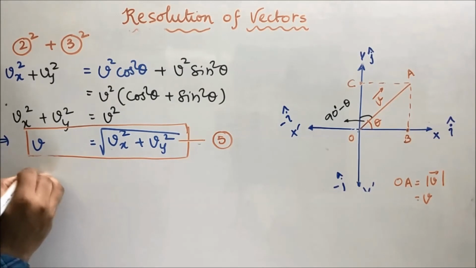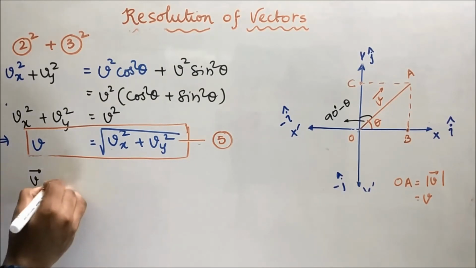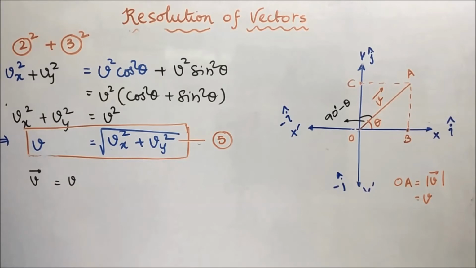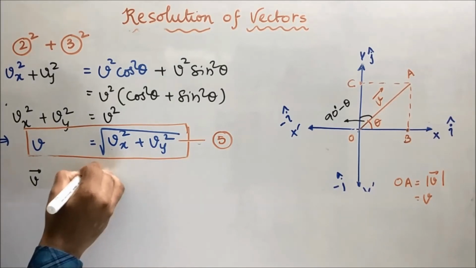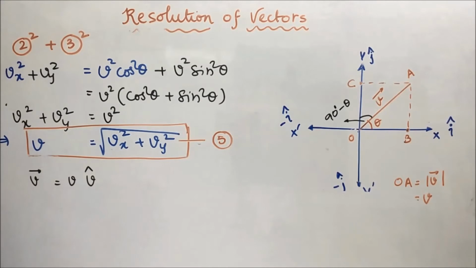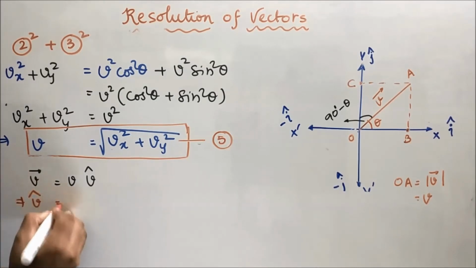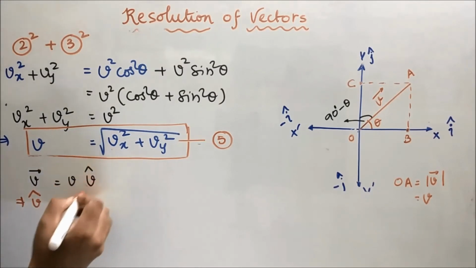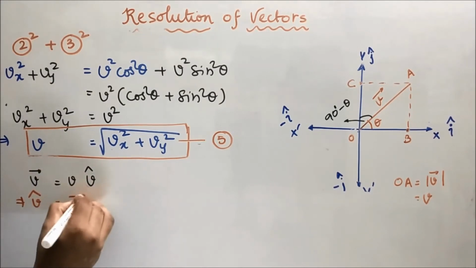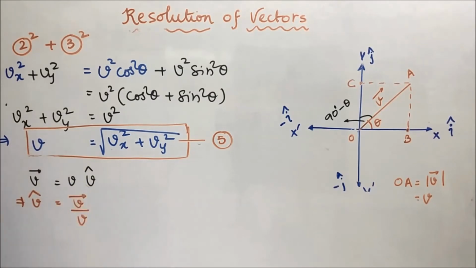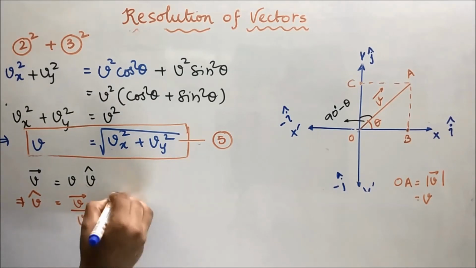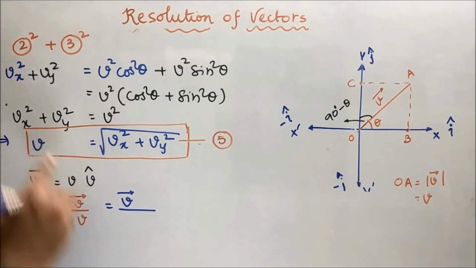See here, any vector v will have two things. One, its magnitude. Two, its direction, which is denoted by its unit vector. So unit vector of v, I am writing it as v cap. So what is v cap? I can write v cap is equal to vector v divided by v. So vector v, what is magnitude of v?